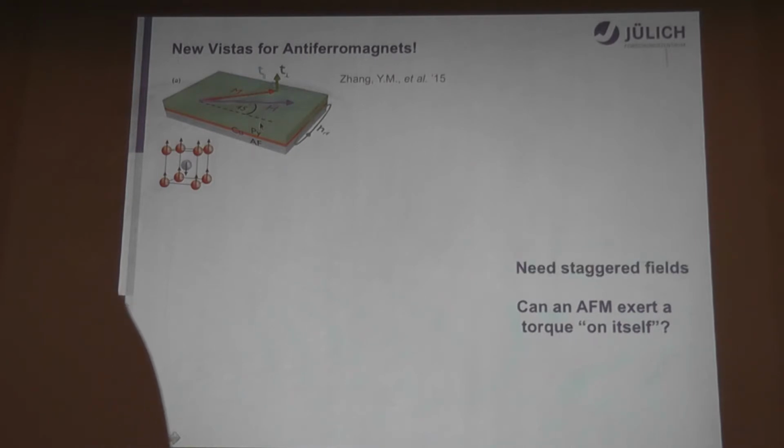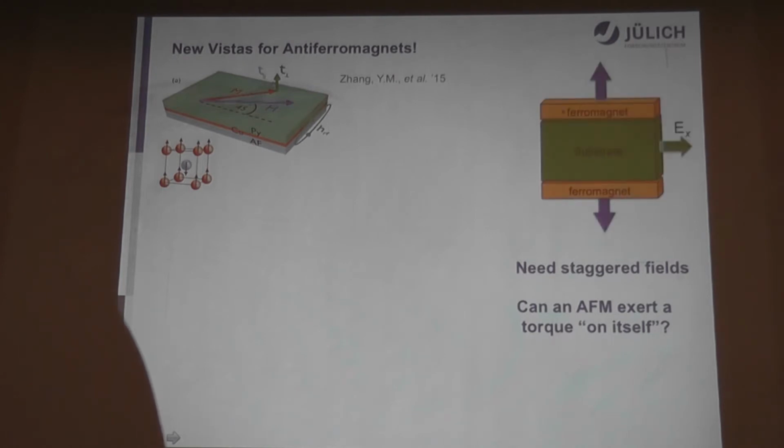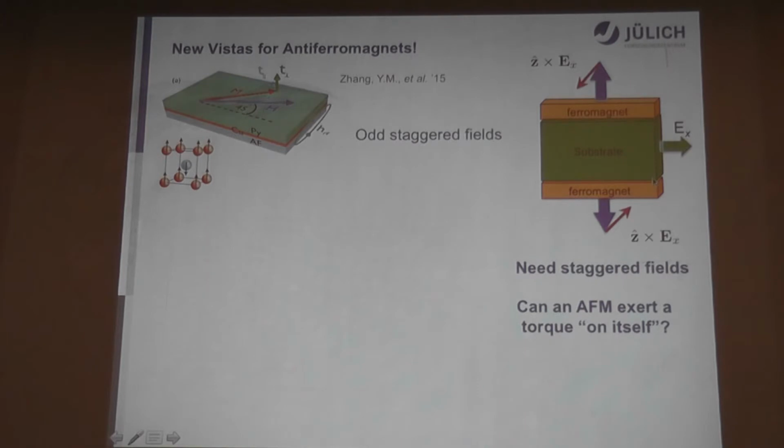What we knew from model studies is that you need some sort of staggered fields which act on staggered components of the magnetization. If we take, for example, a synthetic antiferromagnet, which is basically two layers of a ferromagnet with magnetizations opposite to each other, this would mean that we would need odd staggered fields to switch such a magnetization.